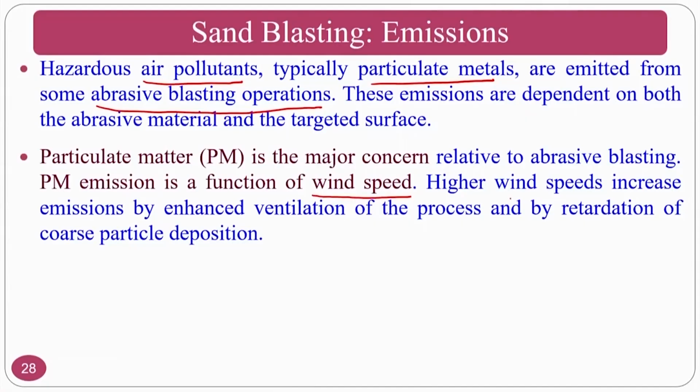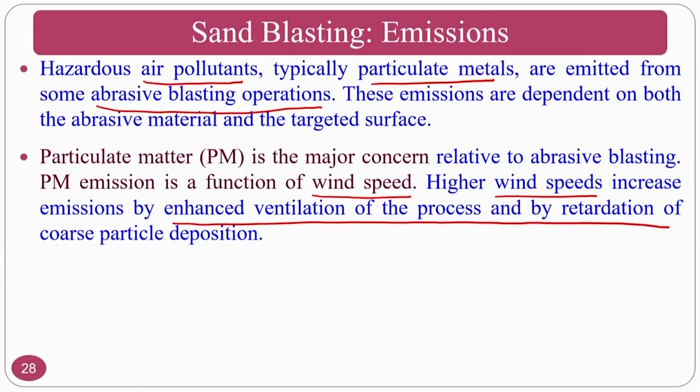Higher wind speed, that means higher air pressure, increases emissions and enhances ventilation of this process by the retardation of the coarse particle size. Not only this, if there is wind and ventilation, then what will happen? The particulate matter may also go up because the density is very low. In those circumstances, the operator may inhale this particulate matter.